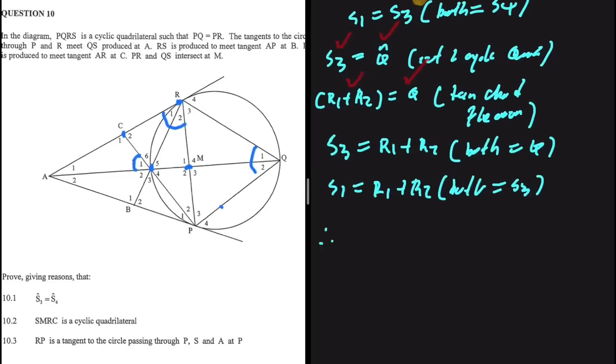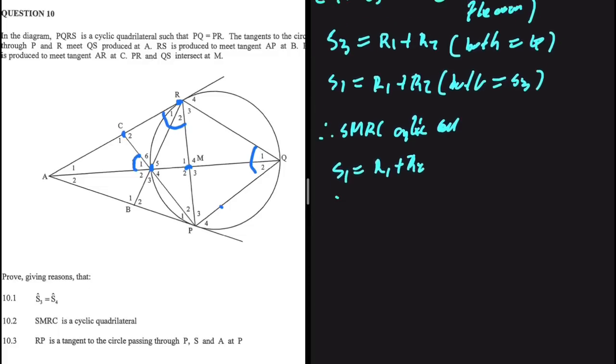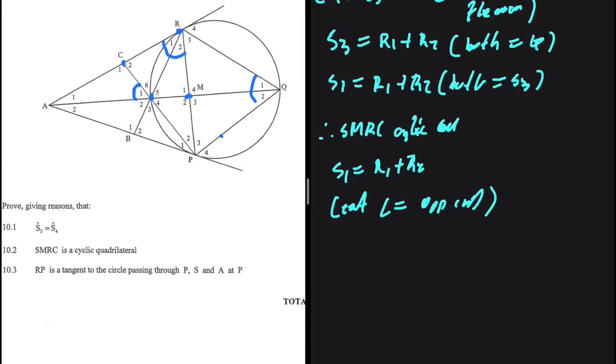We're saying that therefore SMRC is a cyclic quad because S1 is equal to R1 plus R2, okay? The exterior angle is equal to the opposite interior. That is 10.2, okay? And the interesting question, 10.3, right?